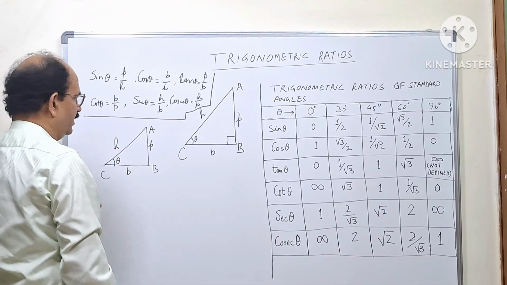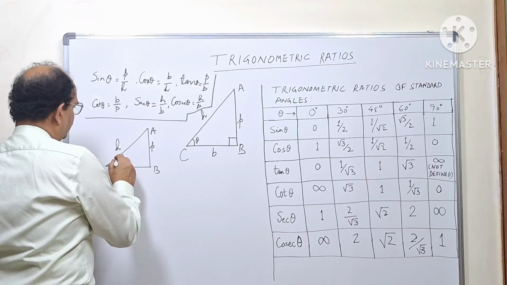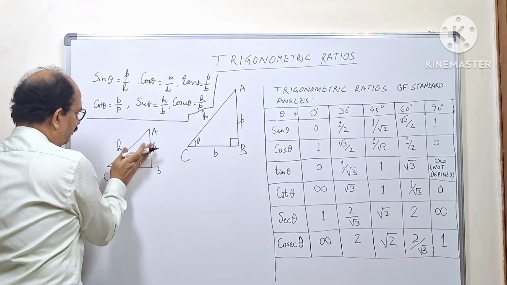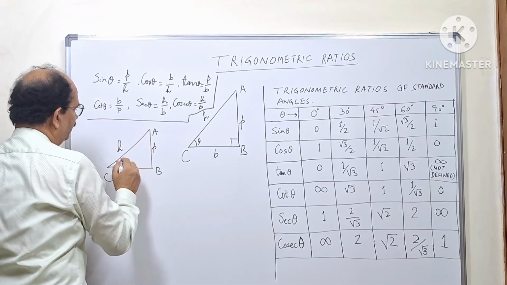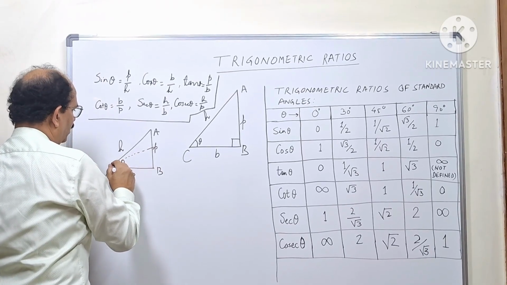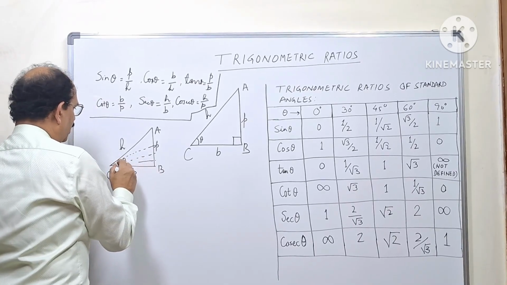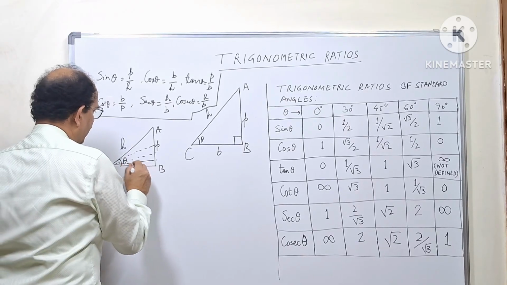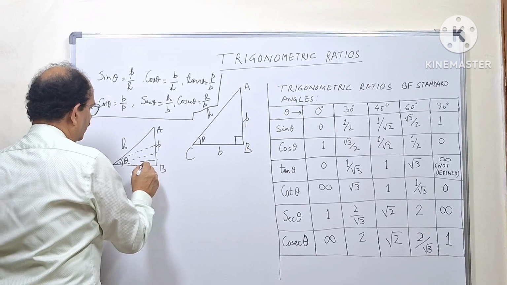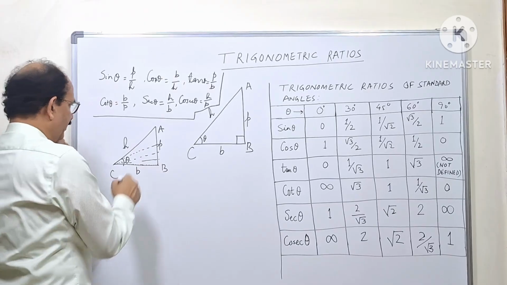Now, if theta is 0, it means that you are reducing this side and bringing it closer to the base. Then only theta will reduce. You reduce it further, to the extent that this side AC just becomes equal to the side BC.